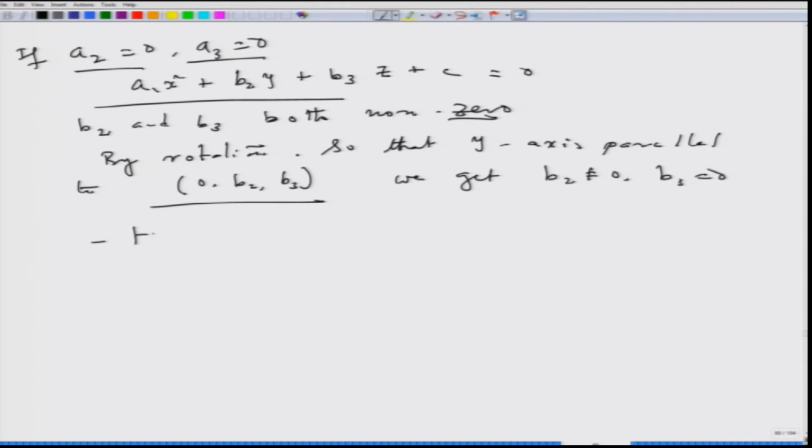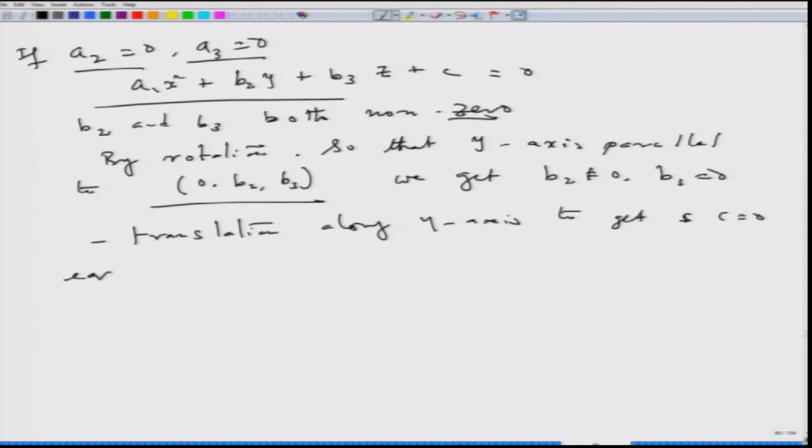Now, apply a translation along y axis to get C equal to 0.